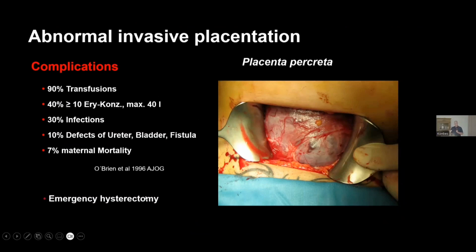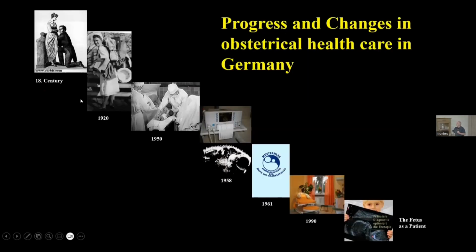We should avoid this. With all these images, we can prepare this patient very well for optimal perinatal management. So we can reduce blood transfusions and all these complications if we have good management. So ultrasound is very important, and also to get all the nice images.